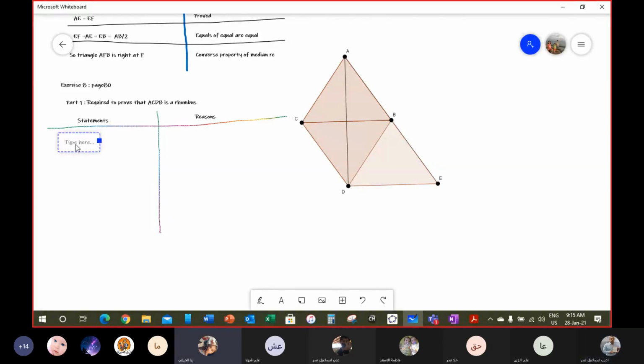Then BC cuts AD at its midpoint and perpendicular to it. I is the midpoint of BC.